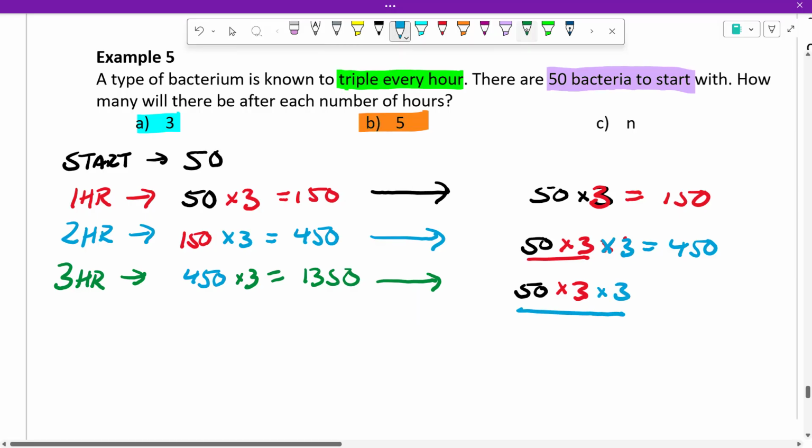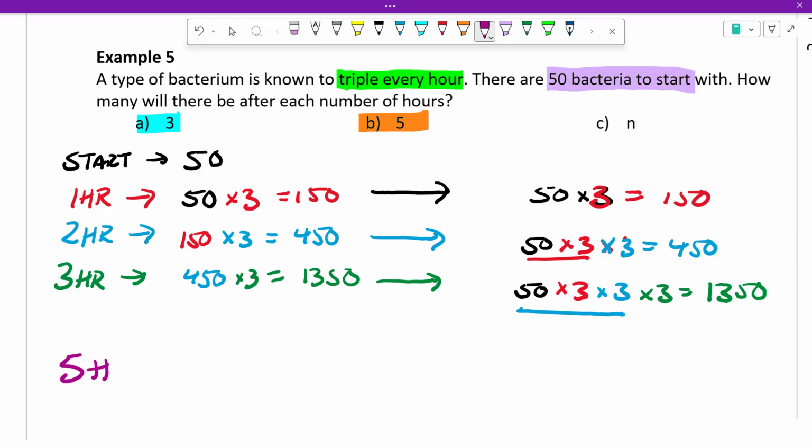And we tripled it, and we got 1,350. So if I want to know how many bacteria are there after 5 hours, what do you notice? What would the calculation be?